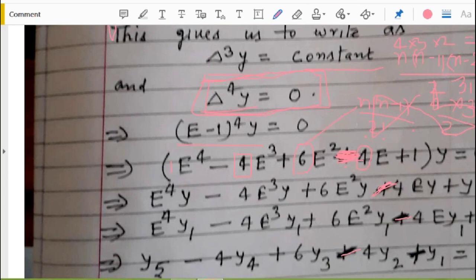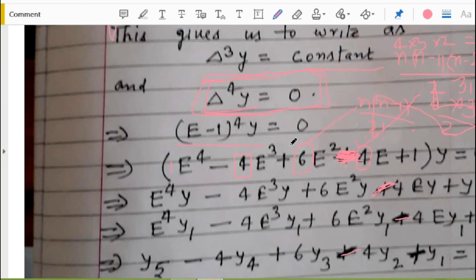And factorial 3 is equal to 3 into 2, so this is 6, and 6 divides 24, and therefore you get minus 4 here.